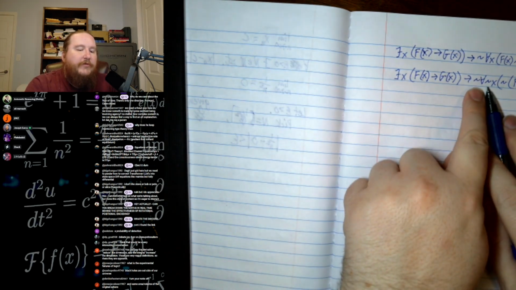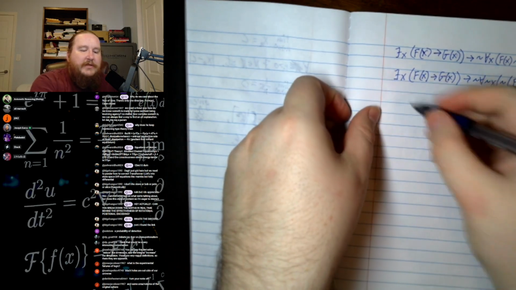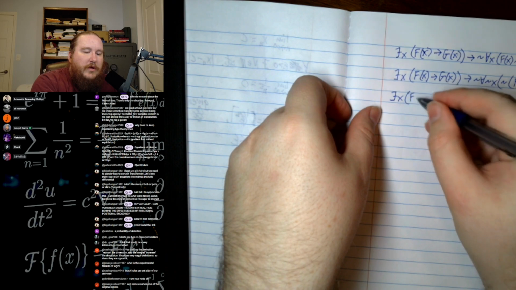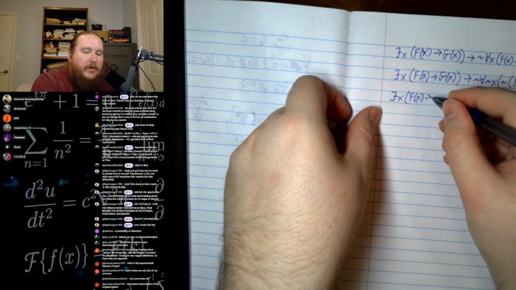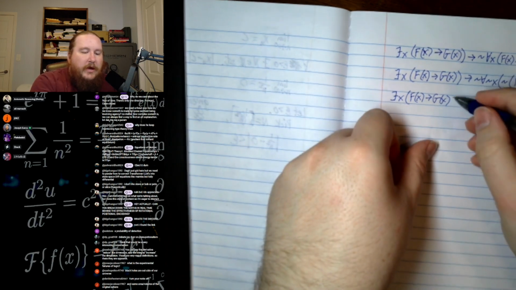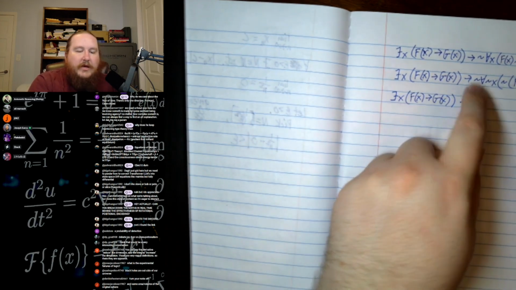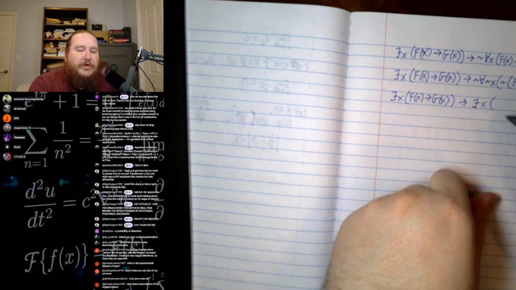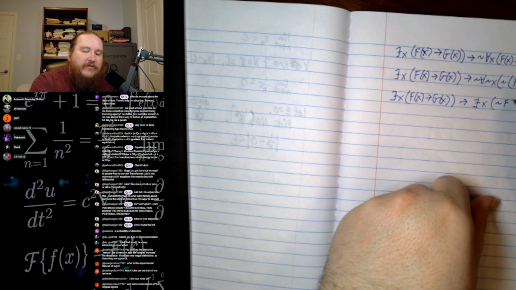And not for all not is a there exists. Then this distributes, so you get not f of x or g of x.